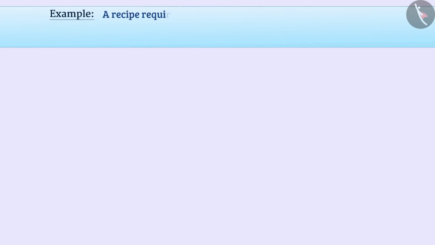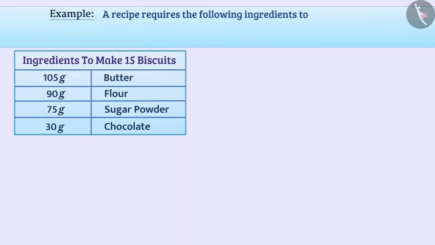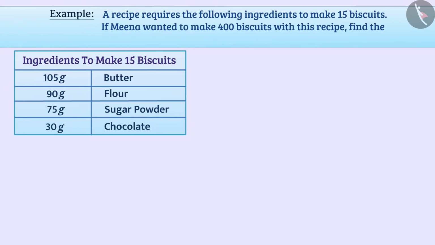A recipe requires the following ingredients to make 15 biscuits. If Meena wanted to make 400 biscuits with this recipe, find the quantity of ingredients required. Ingredients required to make 15 biscuits: 105 gram butter, 90 gram flour, 75 gram sugar powder, 30 gram chocolate.